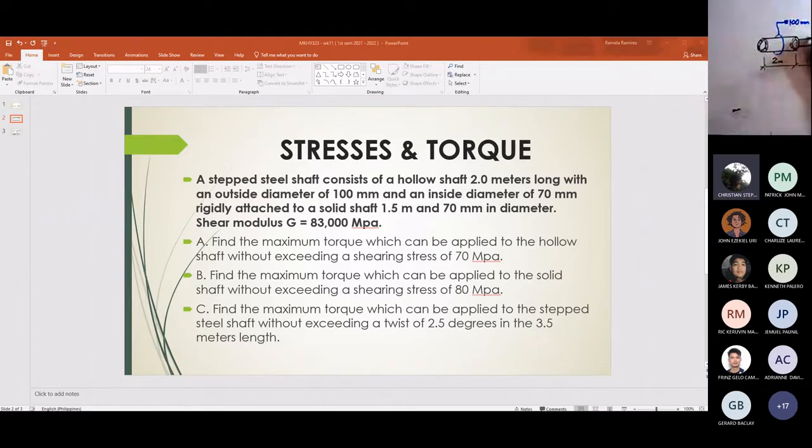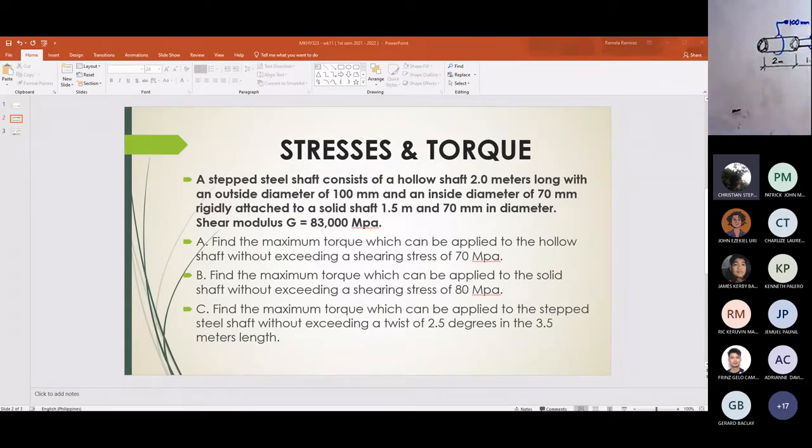And then yung solid shaft naman, the solid shaft, according to the problem, is 70 mm in diameter. Okay, so we have 70 mm in diameter. So that is this step shaft.